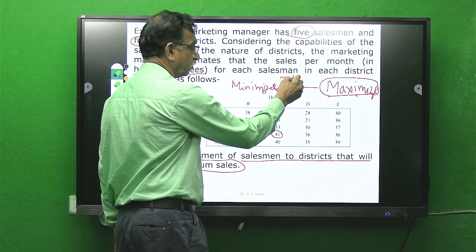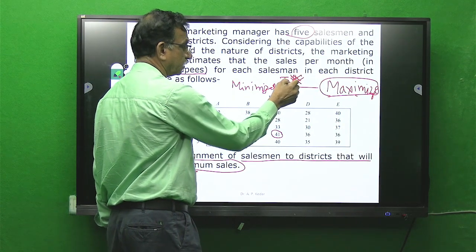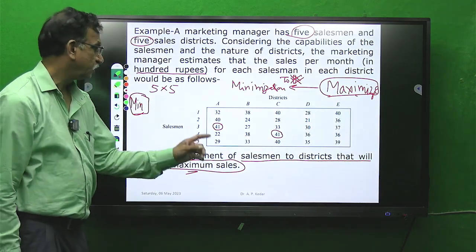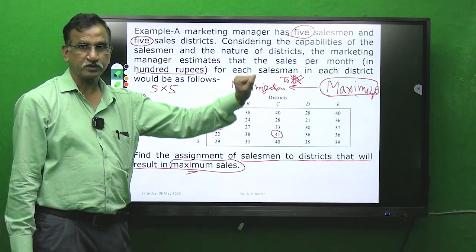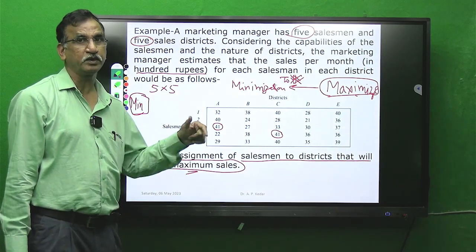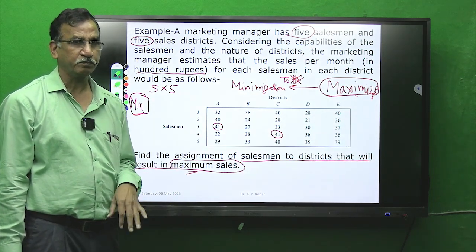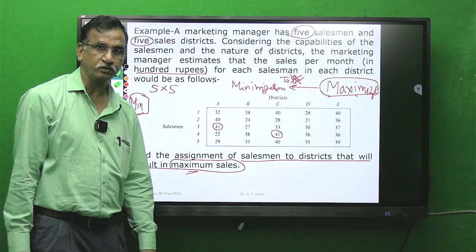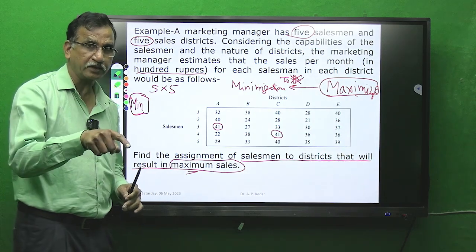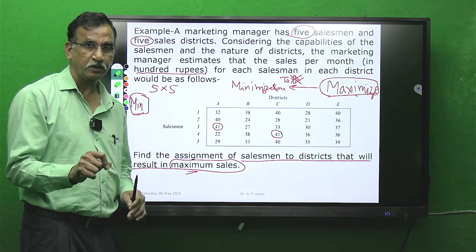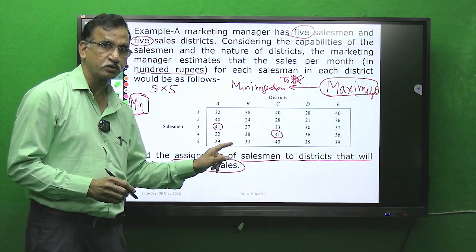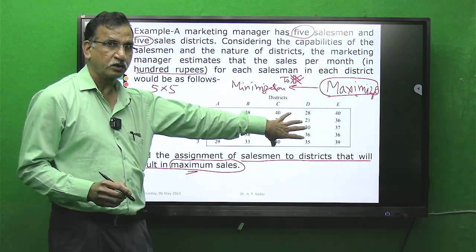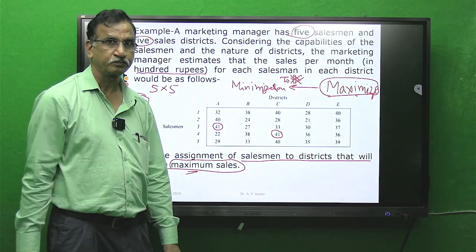I am talking of conversion of maximization to minimization. What are the steps involved? No doubt, it is a 5 by 5 matrix with maximization. I am converting this into minimization. Simple step: identify first the largest value and subtract all values of the same matrix from this largest value.